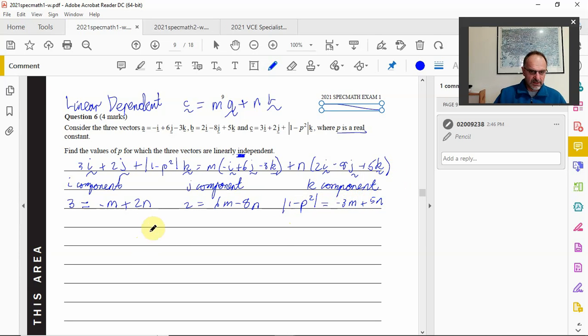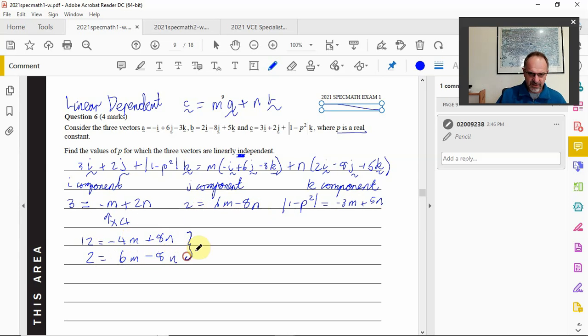All right, so what I'm going to do is take this one, the i equation, and times it by 4. And so when I do that, I get 12 equals minus 4m plus 8n. And the reason I've done that is because now with this middle equation, 2 was equal to 6m minus 8n.